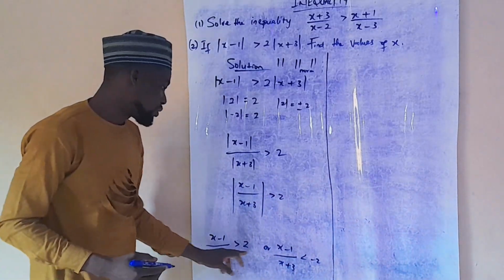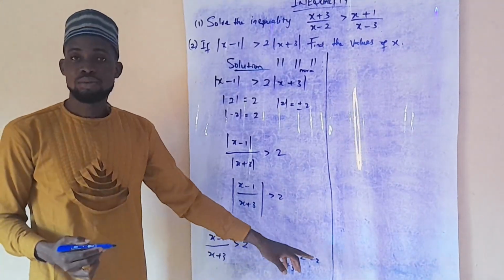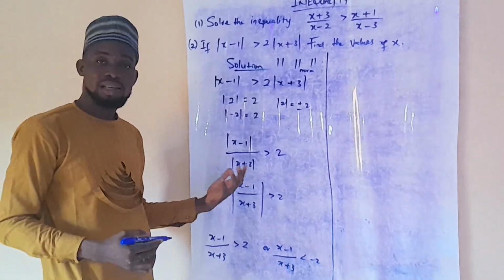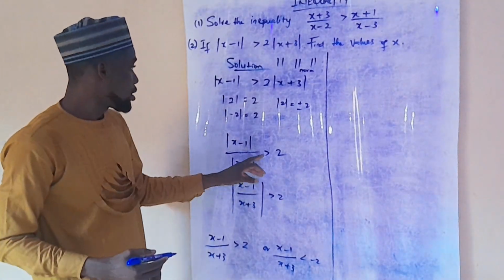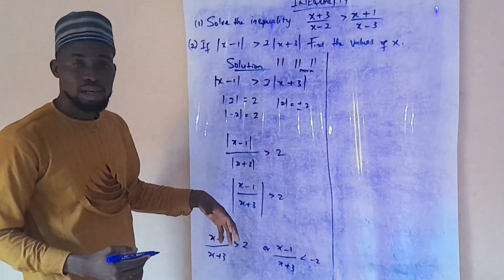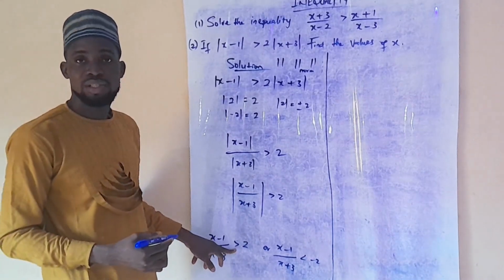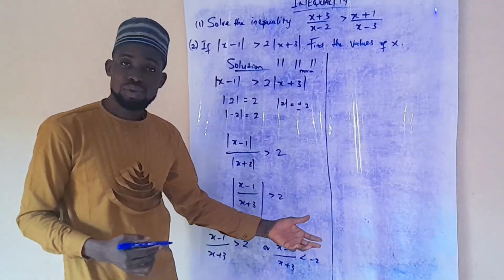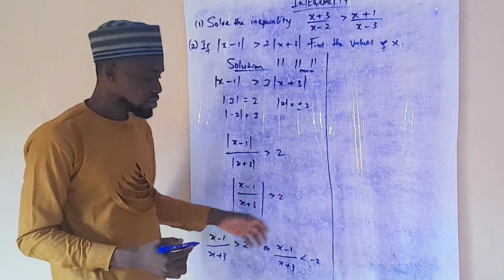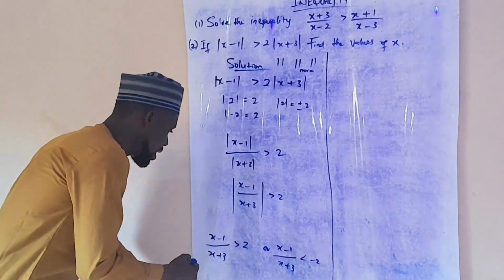This is positive, this is negative, but this sign changed. Why? If you've been following our classes, you notice that whenever I get my answer, the greater solution would have the inequality given in the question, then the lesser solution will have the opposite.